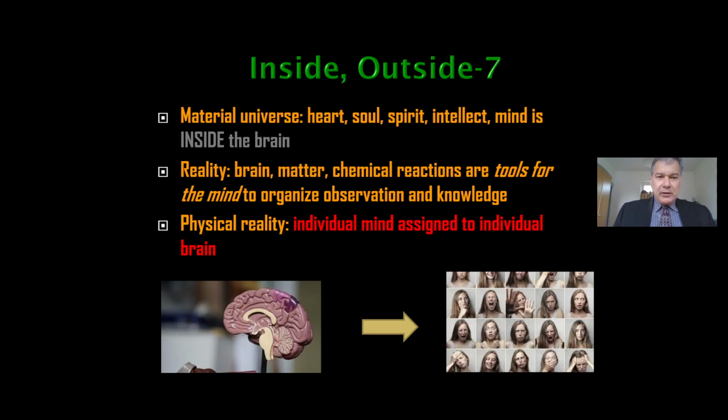So a material universe, okay, may contain the heart, soul, spirit, intellect, and the mind inside the brain. So all of this is inside the brain, okay, connected with certain kind of chemical and physical processes, mechanical processes, okay?